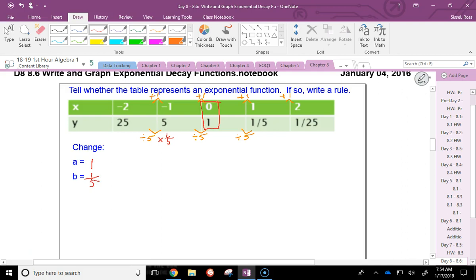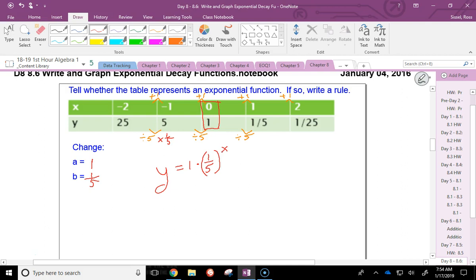We write our equation. Y equals 1 times 1/5, 1/5 in parentheses, and put it to the exponent of x. Why did I have to make sure to put 1/5 in parentheses? Maddie? Just so you won't have to multiply it by anything else, and that's the first thing that you do.